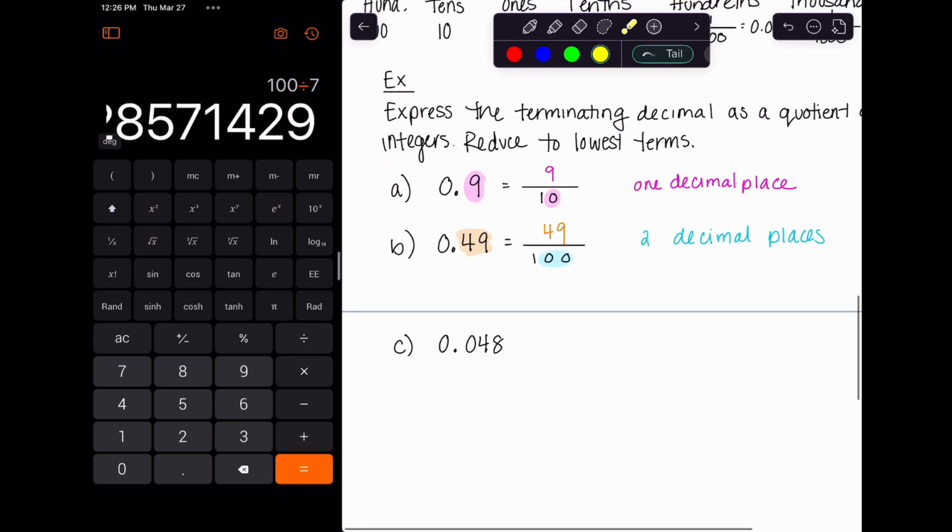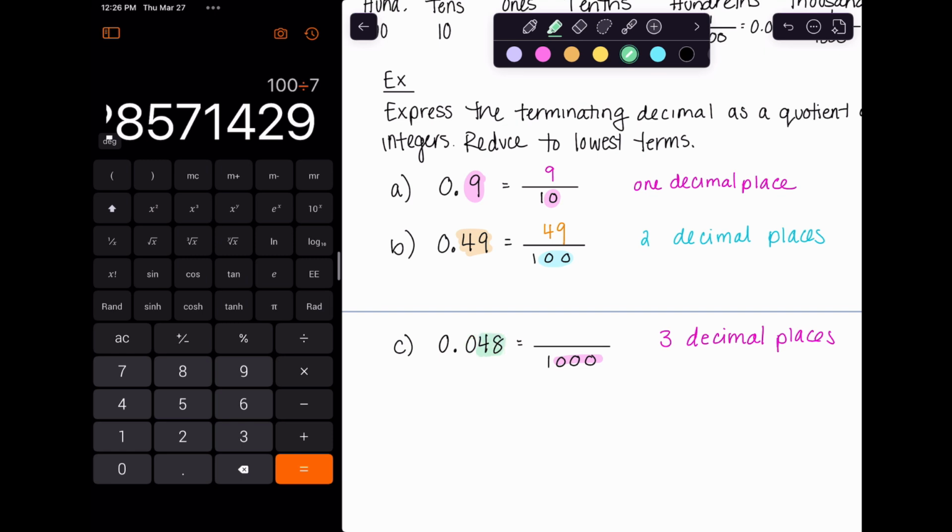If I try this next one, 0.048, this is the thousands position. So 3 decimals mean I put 3 zeros in the bottom. And again, that means I'm just going to look at those significant numbers, which are 0, 4, and 8.